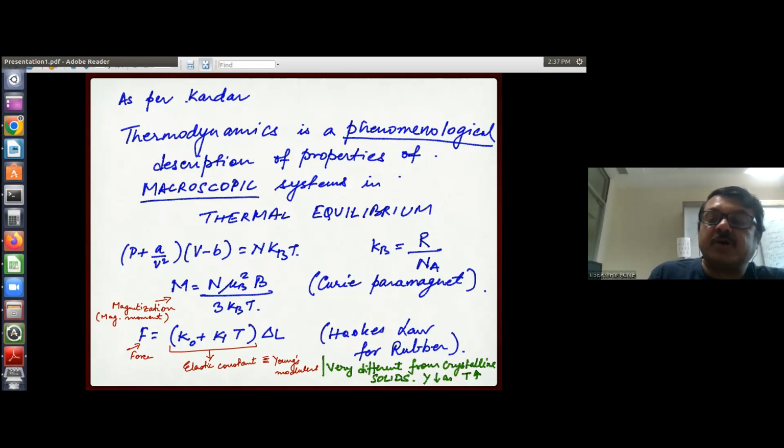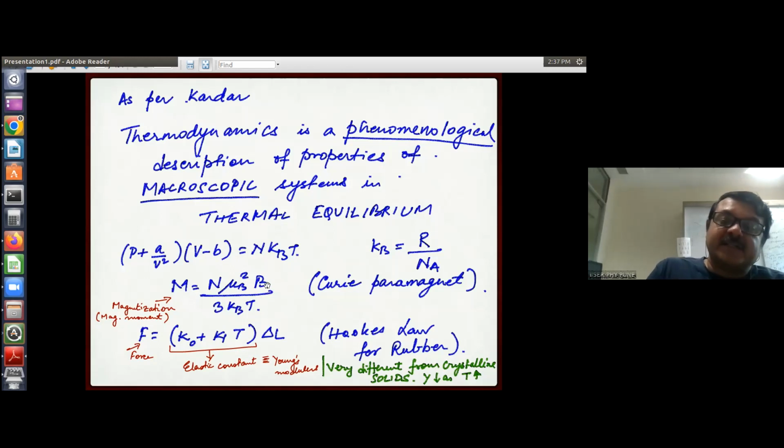So this is a phenomenological description of the properties of matter. Now we keep talking about this ideal gas, so I wanted to give examples away from the ideal gas. If you have a Curie paramagnet, then by suitable measurement, you can figure out that the magnetization of the sample increases linearly with an external magnetic field. For a paramagnet, you'll observe some magnetization only if you apply an external field.